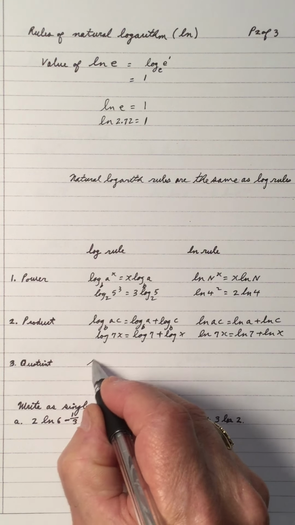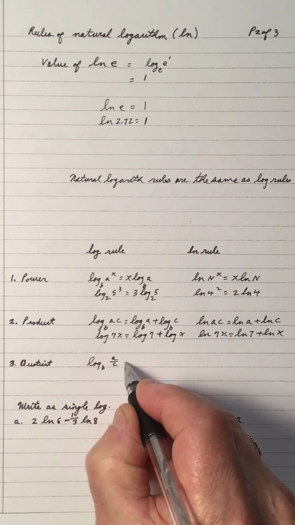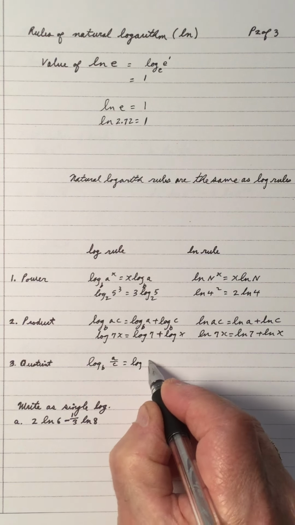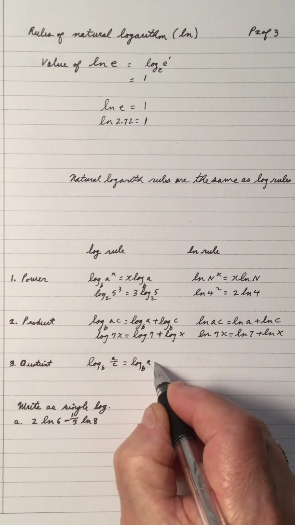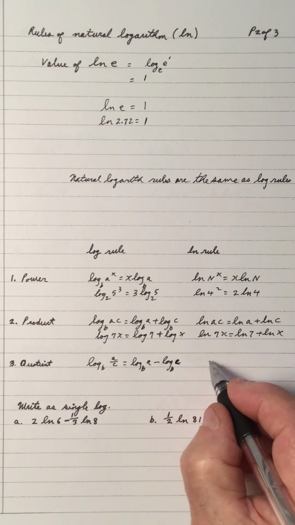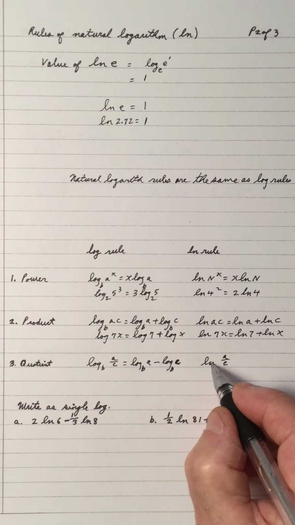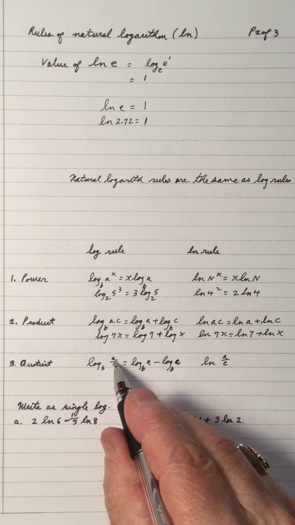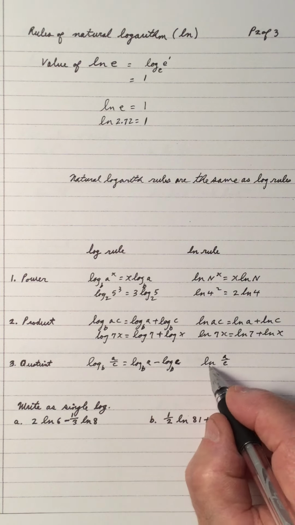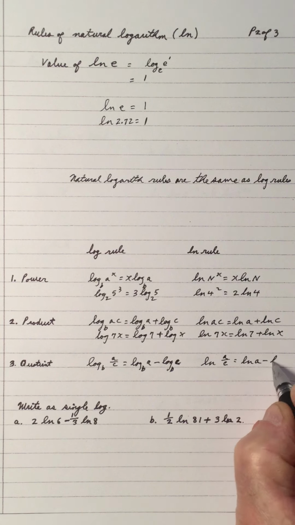Then the quotient rule: the log of a over c base b is log a base b minus log c base b. So the ln of a over c, the log of a division is a subtraction of logs. The ln of a division is a subtraction of lns.